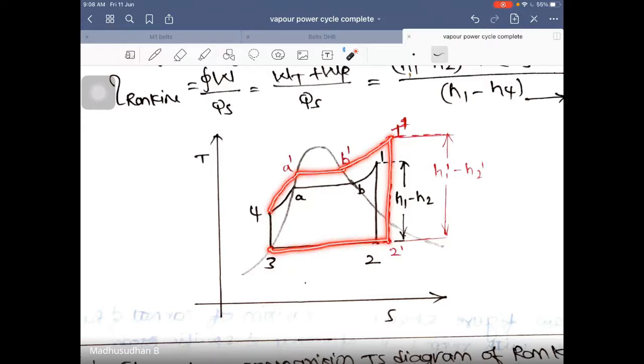Okay, so H1 minus H2 is the turbine work output with the normal Rankine cycle. H1 dash minus H2 dash is the turbine work output when I increased the boiler pressure. Now, just by looking at the diagram, can you say which one has got the greater work output?